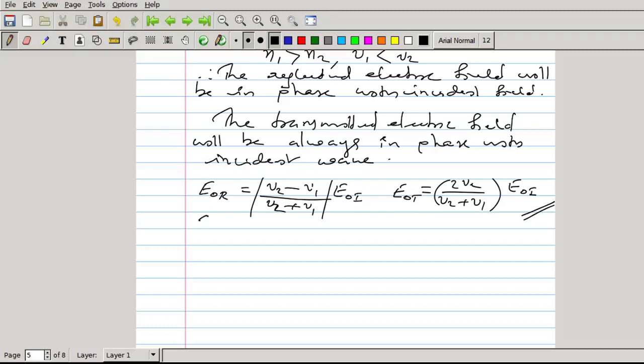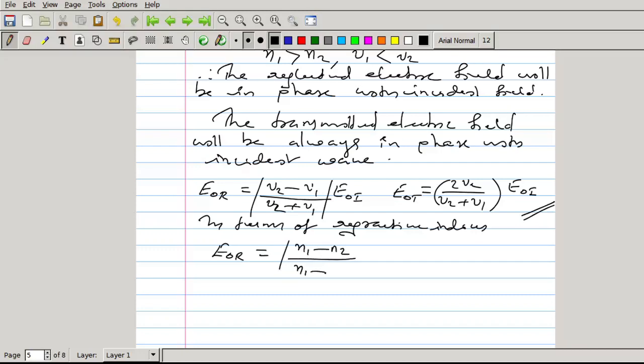So in terms of velocities, we can also write in terms of the refractive indices of the medium: E0R, the real amplitude, is (n1 minus n2) by (n1 plus n2) into E0I, and E0T is equal to 2n1 by (n1 plus n2) into E0I.